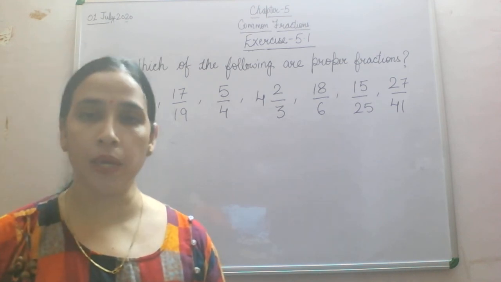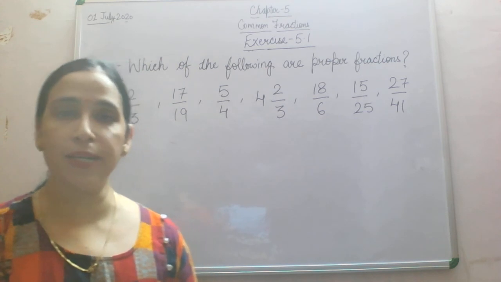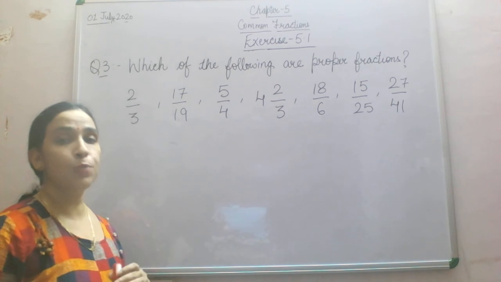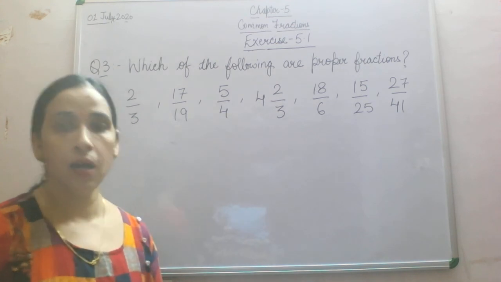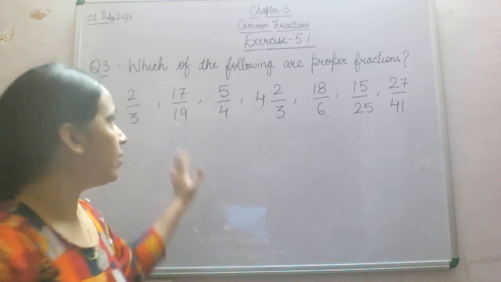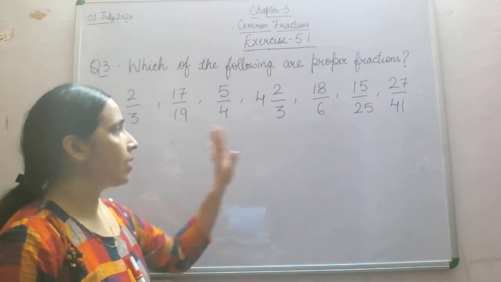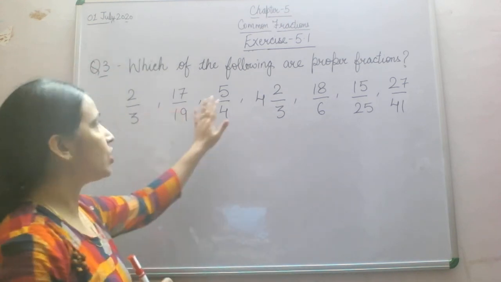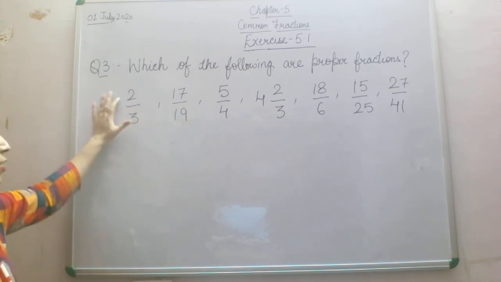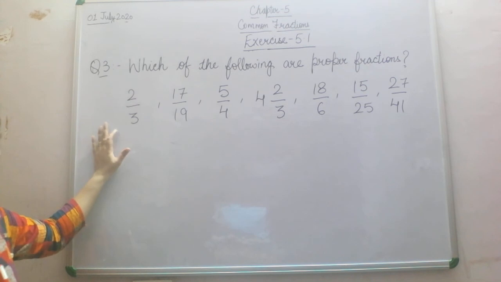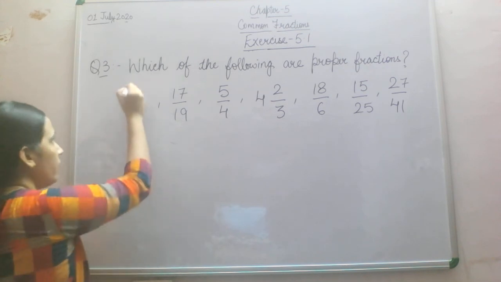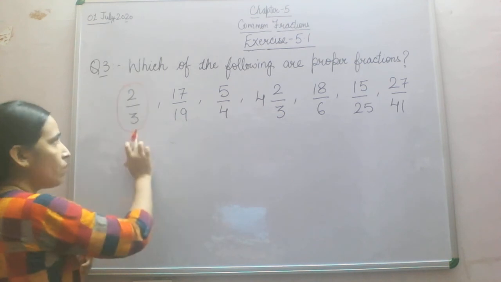Fractions in which the numerator is smaller than the denominator are called proper fractions. So here you can see fractions. Like 2 by 3, the numerator is smaller than the denominator, so 2 by 3 is an example of a proper fraction.